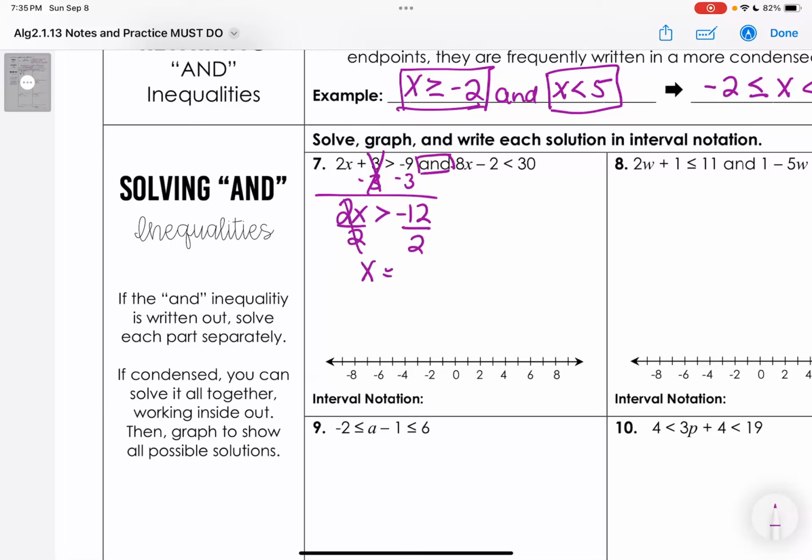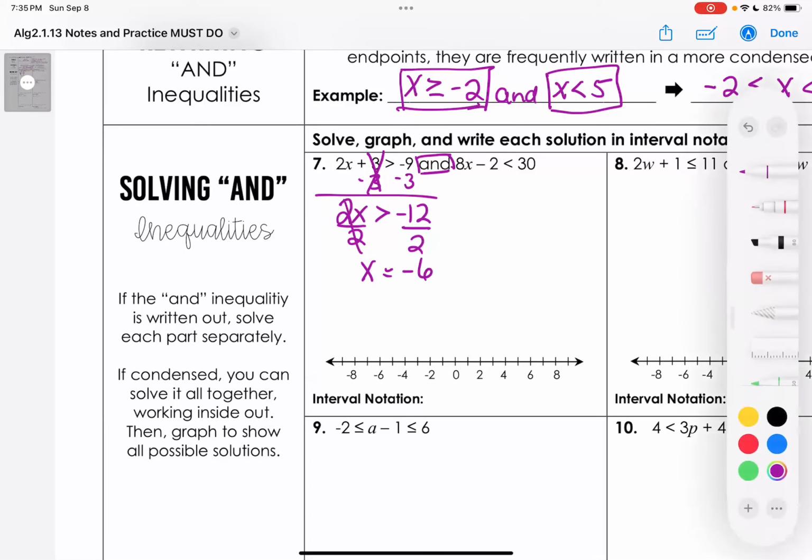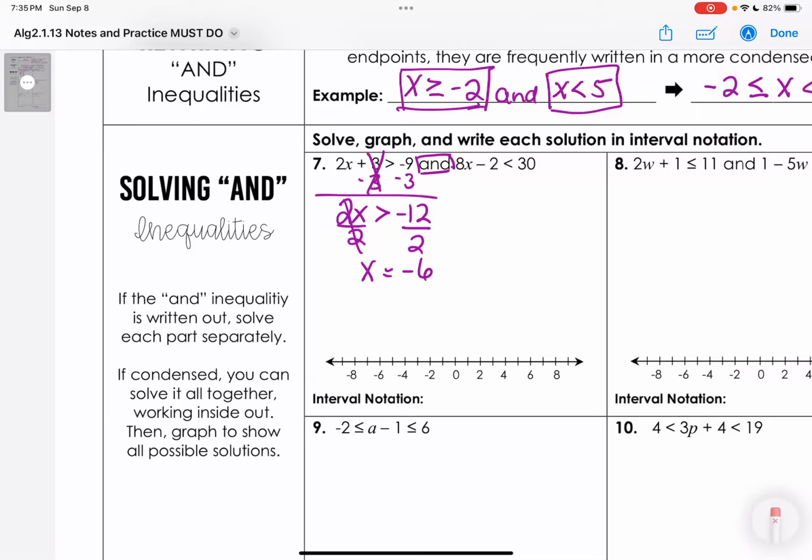And then x is greater than -6. On the other side, I'll add 2 and then divide by 8.